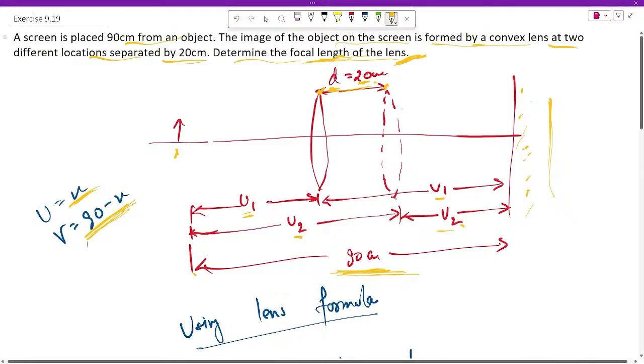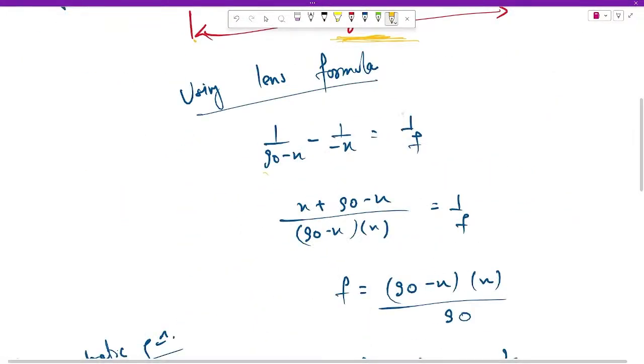Now let us use the lens formula over here, that is 1 by v minus 1 by u equals 1 by f. With proper sign convention, we can write 1 by 90 minus x, that is v. Since v is on the right side of the lens, it is going to be positive, and u, that is the object, is on the left side of the lens, so it is going to be negative. So 1 by 90 minus x minus of 1 by x equals 1 by f. Since it is a convex lens, the focal length is going to be positive.